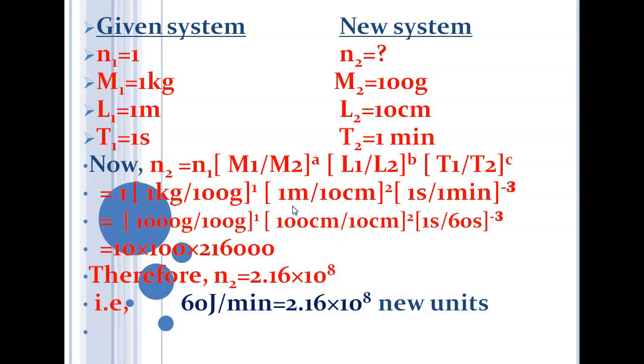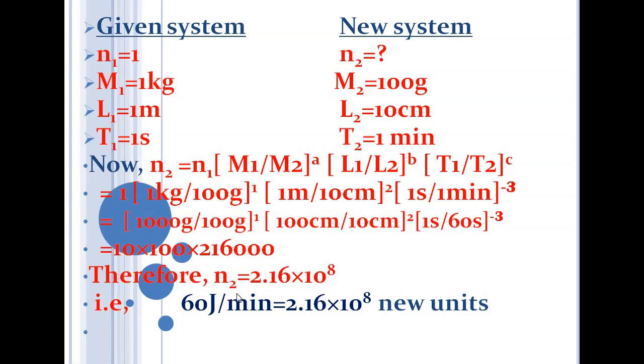Similarly 1 meter equals 100 centimeter, 10 centimeter as it is, centimeter cancels once again, 0 and 0 cancel, square of 10 is left, that is 100. And similarly convert 1 minute and simplify it, you will get these values: 10 into 1000 into 216,000.